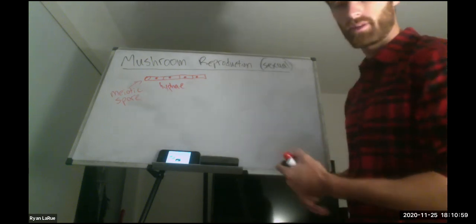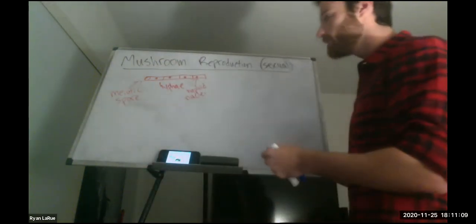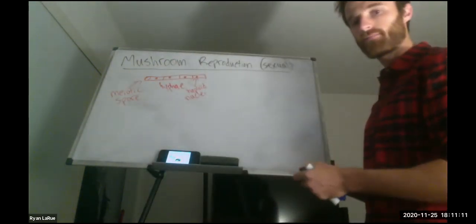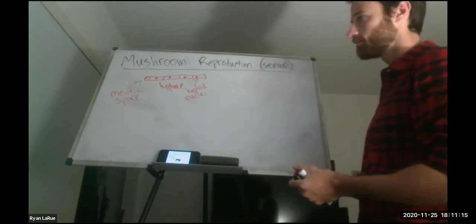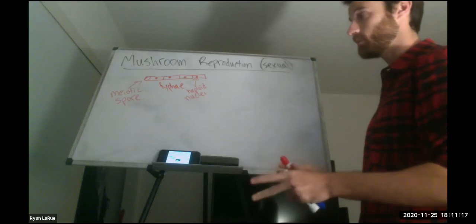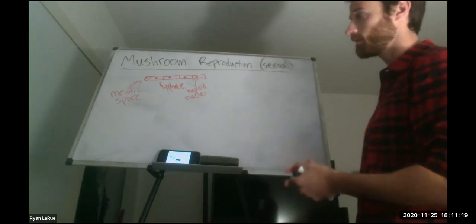Meiosis is sexual reproduction. Haploid, you bet. So these are haploid nuclei. These are haploid cells. They have 1 set of chromosomes, not both. That would be diploid. That would be 2 sets.